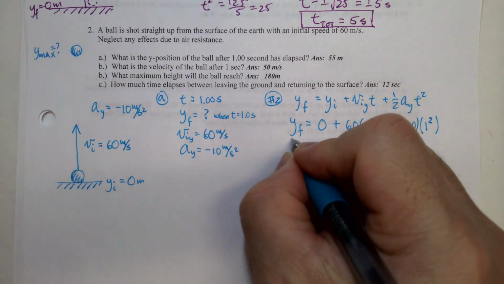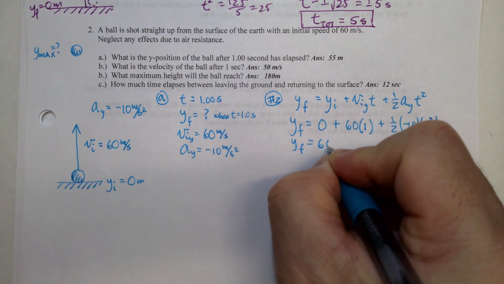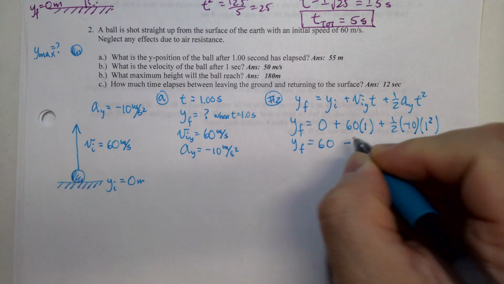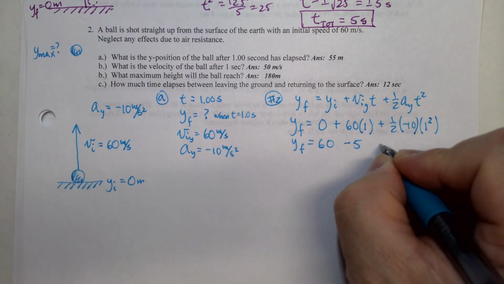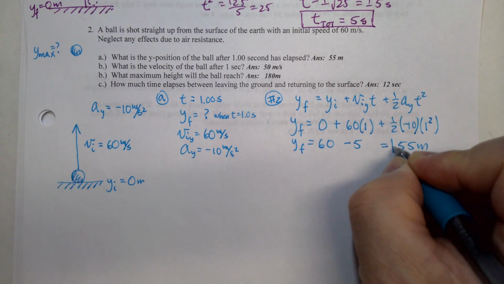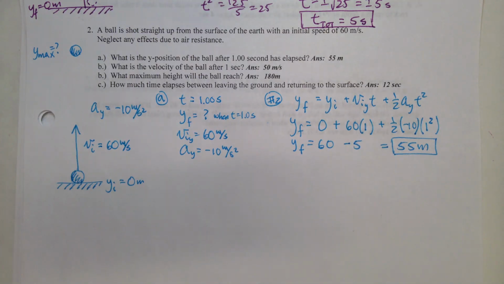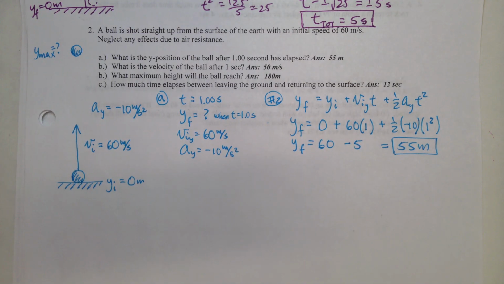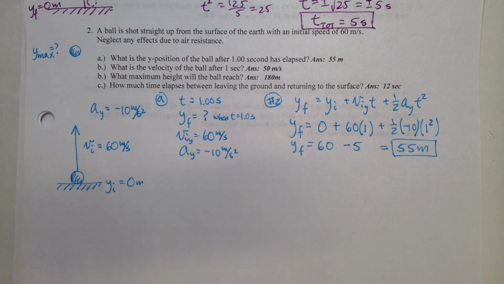So my y final is equal to 60 minus 5, which is 55 meters. Is that okay? Okay.